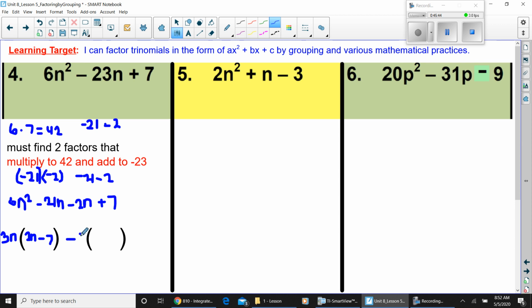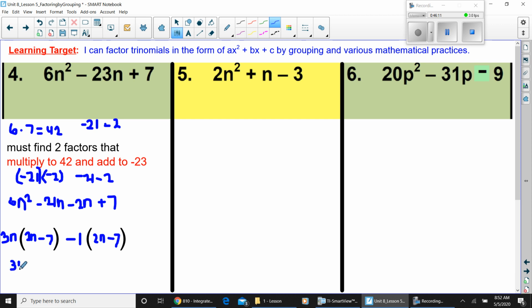Any factors here? I'm going to bring this negative 1 out. Any greatest common factors here? Nope. So you're just going to rewrite 2n, because negative 1 times 2n equals negative 2n, and negative 1 times what equals positive 7? Remember, it has to be a negative times a negative, and you should have the same binomial inside the parentheses.